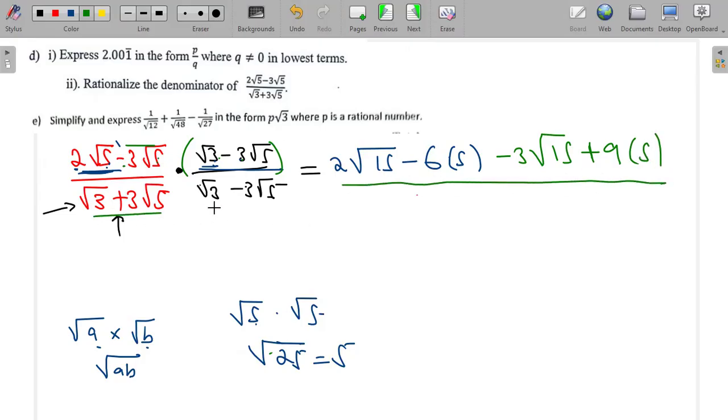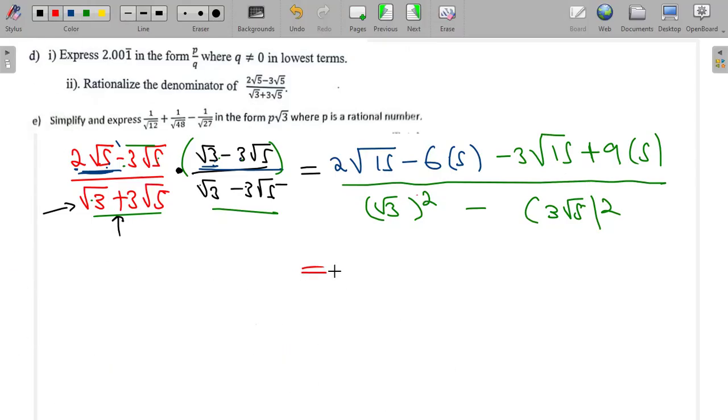So now these two are conjugates of each other. Whenever you have conjugates of each other, you just square the first term, and then you say minus square the second term. So it will be root of 3 squared minus the second term, 3 root of 5 squared as well.